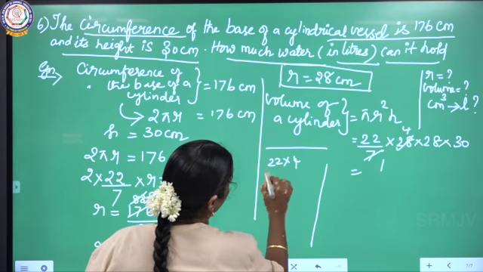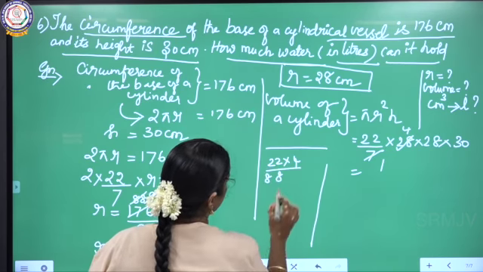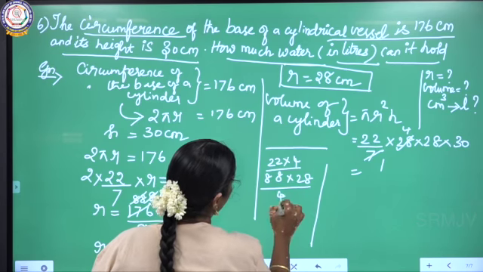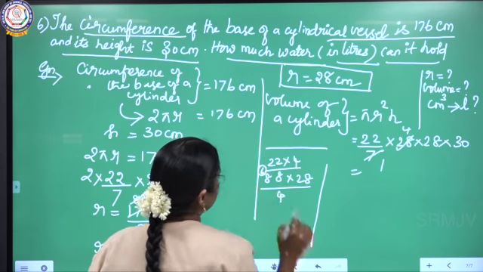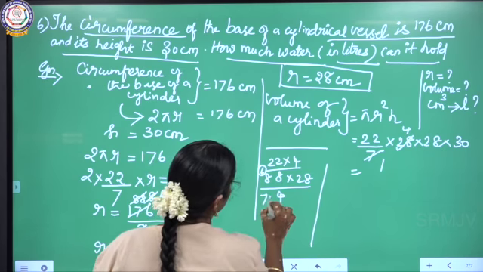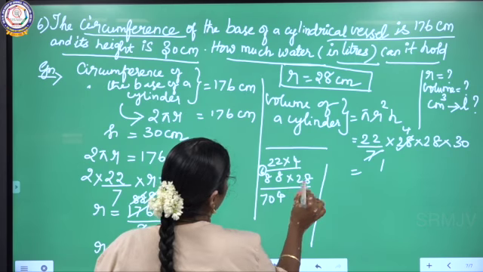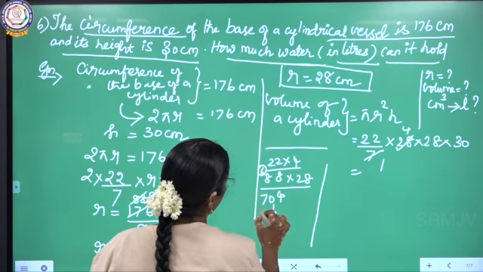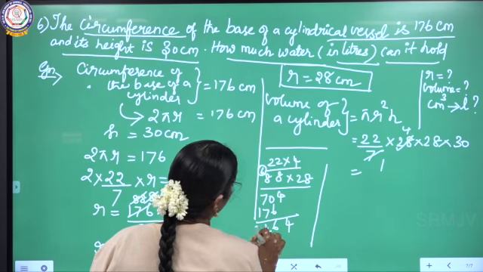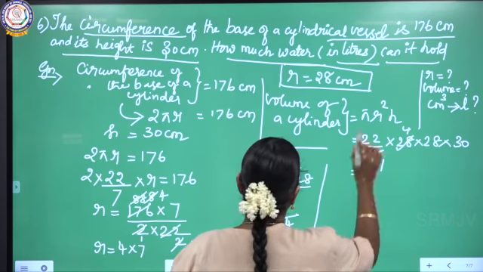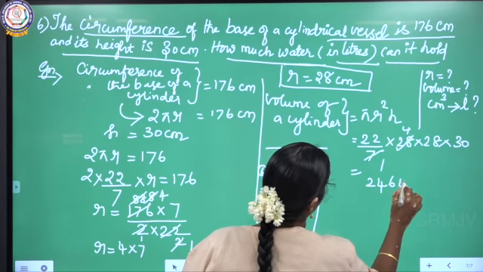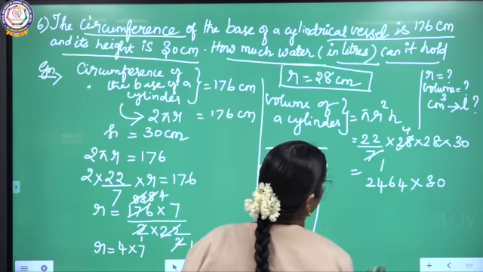22 into 4. 4 twos are 8, 4 twos are 8. Again multiply this with 28. 8 eights are 64. 4, 6. 8 eights are 64. 64 plus 6 is what? 70. Okay. 8 twos are 16. Balance 1. 8 twos are 16, 17. So 4, 6, 4, 2. When I multiply all those things, I get 2464 into 30.